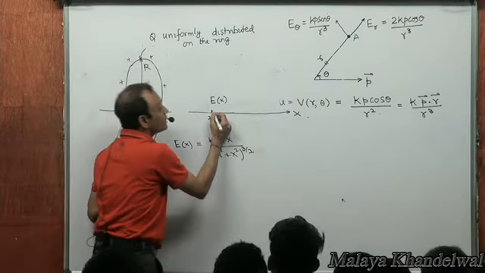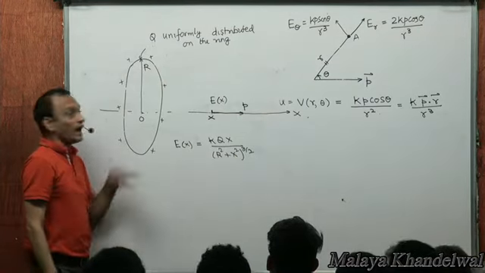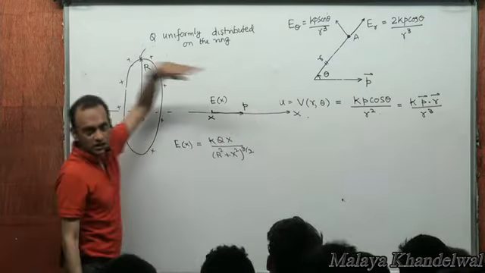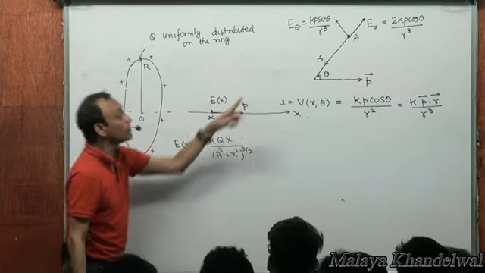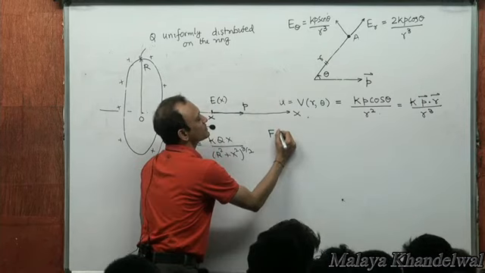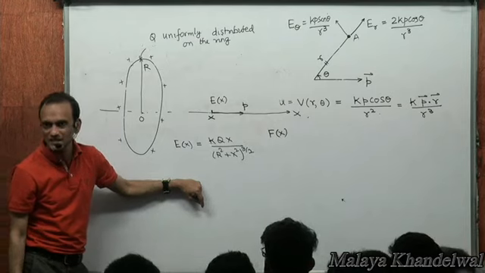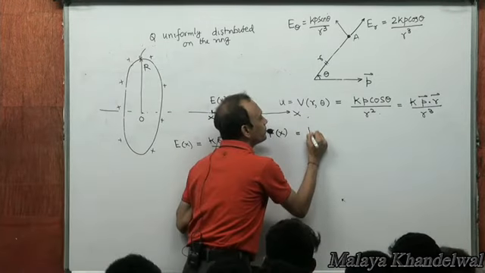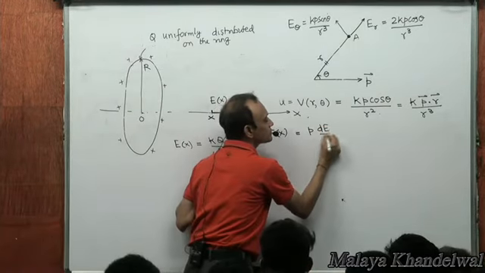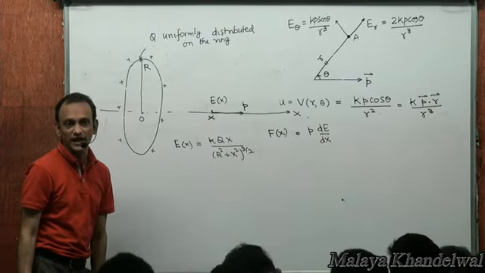Now, if you happen to place a dipole P aligned with the electric field in the x direction, what would be the force experienced by this dipole? The force experienced by the dipole placed at x is going to be P dE/dx. That's going to be the force experienced by the dipole.